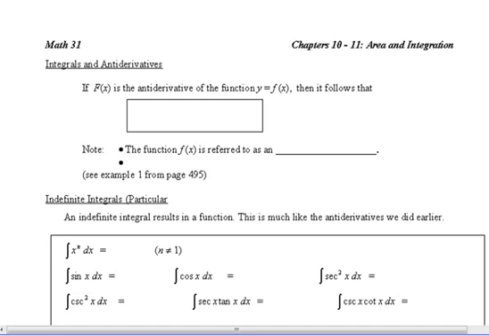Okay, so the integral of f of x dx is equivalent to the antiderivative of a function.